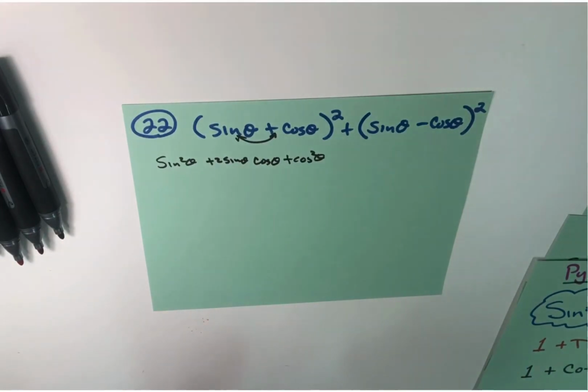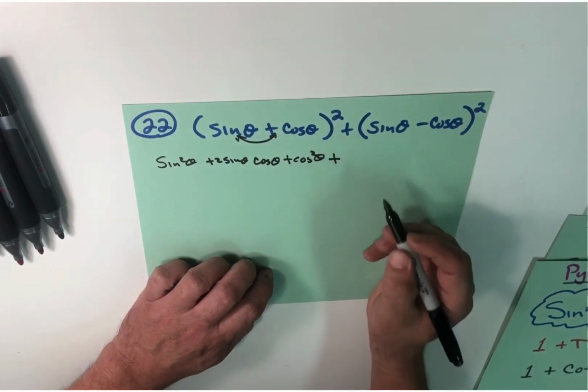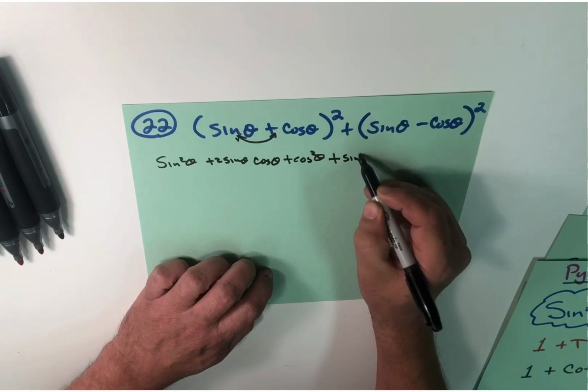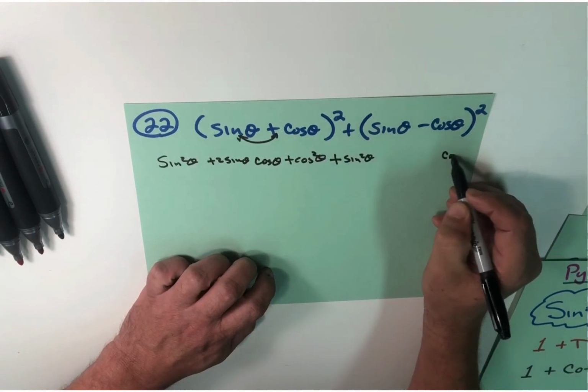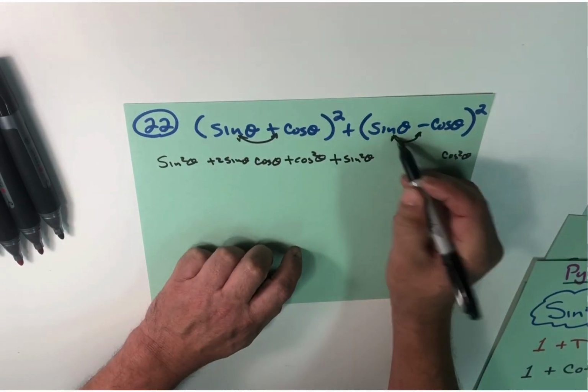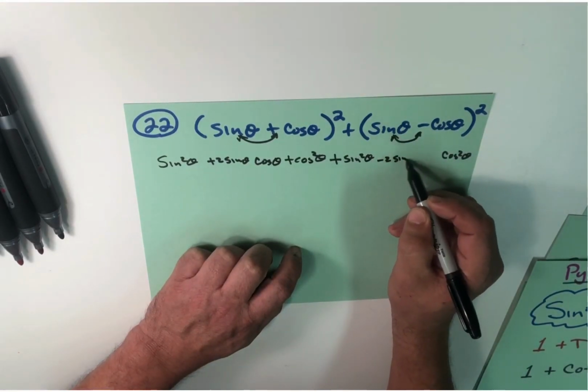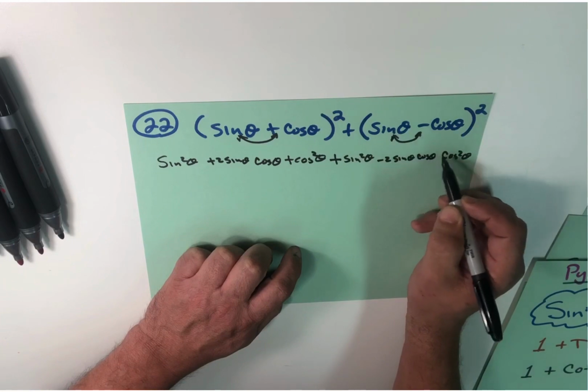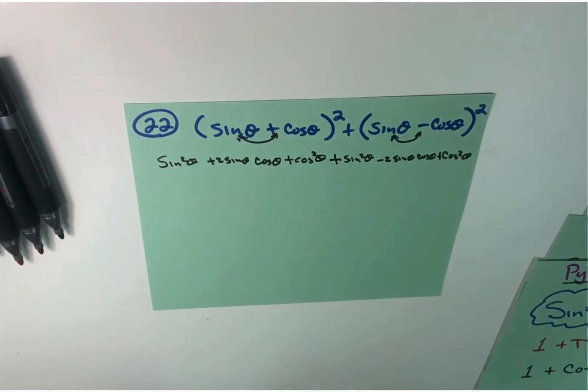That's the first one. The second one, there's a plus there. So square the first, square the last. Multiply those two and double is minus 2 sine theta cosine theta. And of course that's a plus because I'm squaring. Now what cancels?